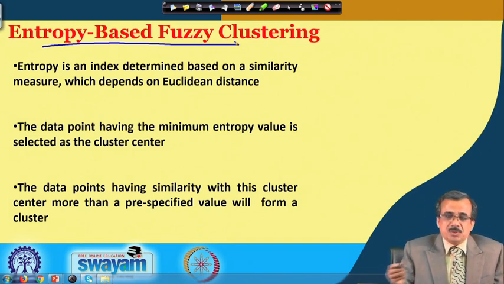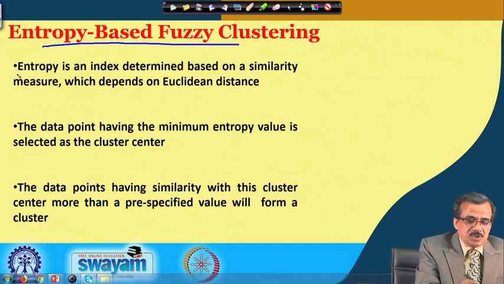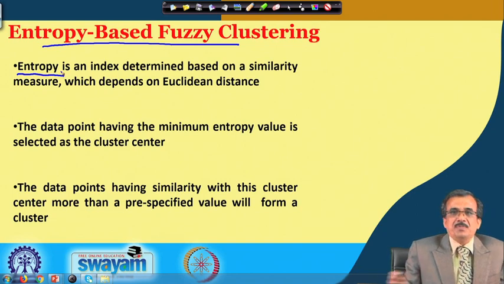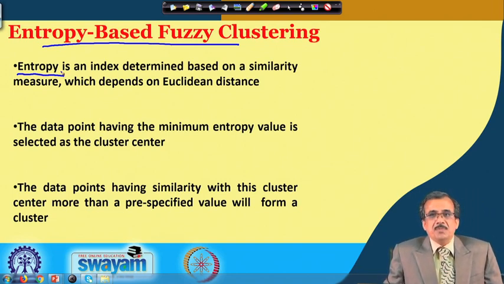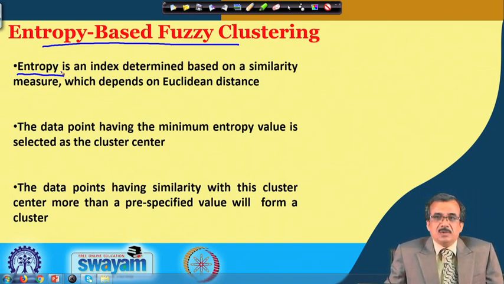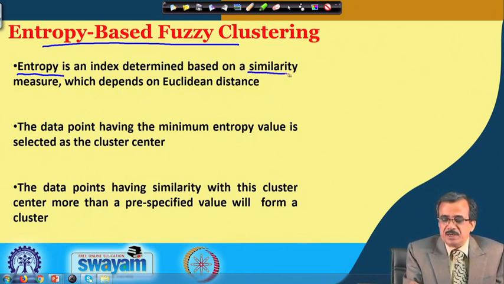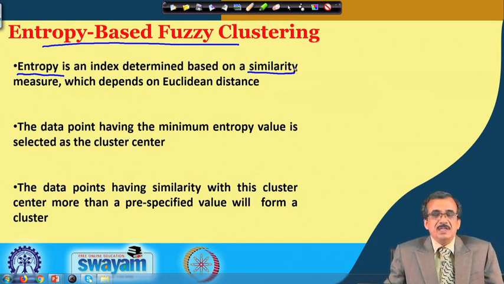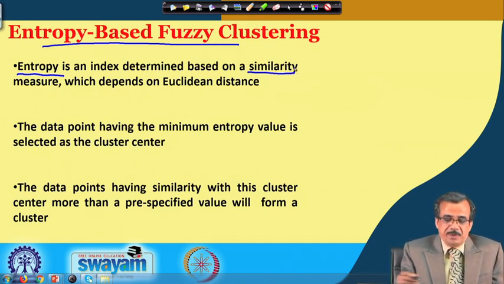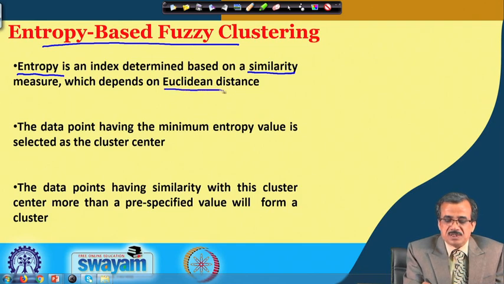Now, what we do is we use the concept of entropy, and if you want to calculate this entropy value, we will have to take the help of one value that is called the similarity value, and similarity is based on the numerical value of Euclidean distance.